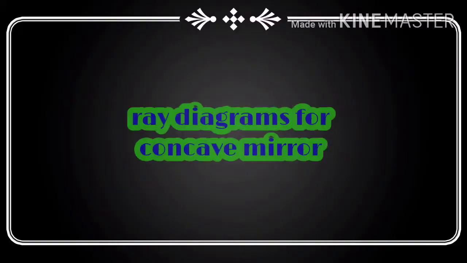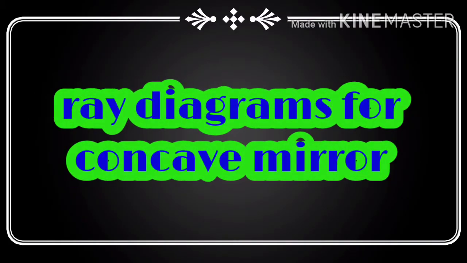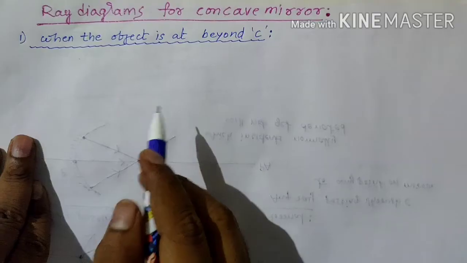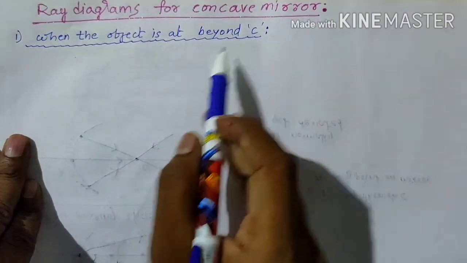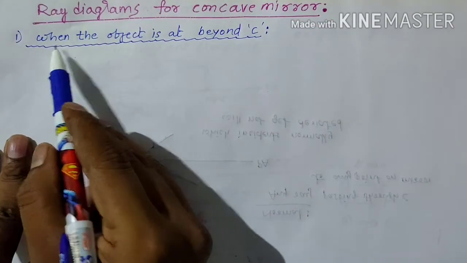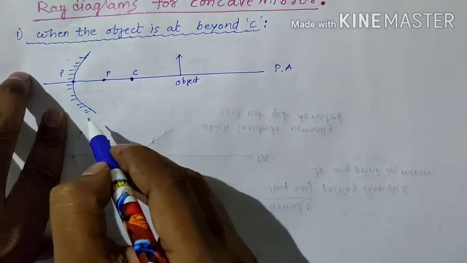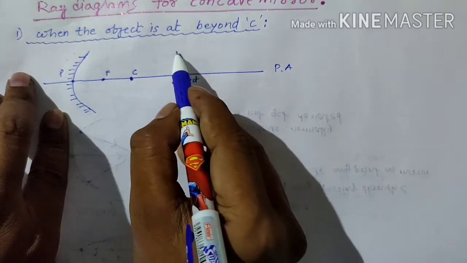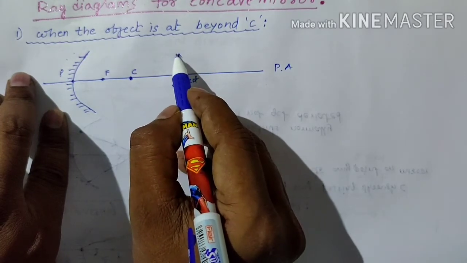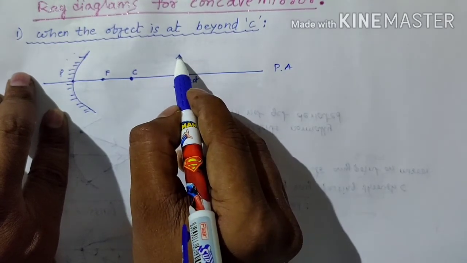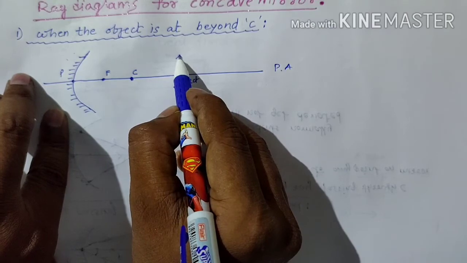So now let us see the ray diagrams for concave mirrors. The first one is when the object is beyond C. First you have to get the image of the top of this object, so you have to draw two rays from this particular point.